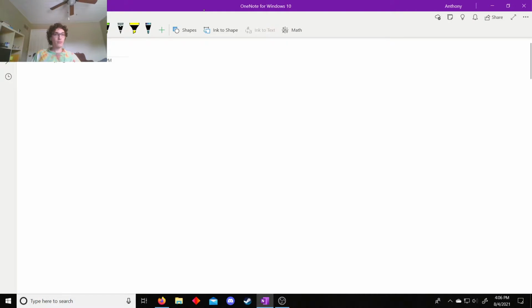So to start out, we'll just draw a cooling tower here. So this is going to be our cooling tower. And in the top here, this is going to be our hot water. Hot water in. And down here is going to be our water out.